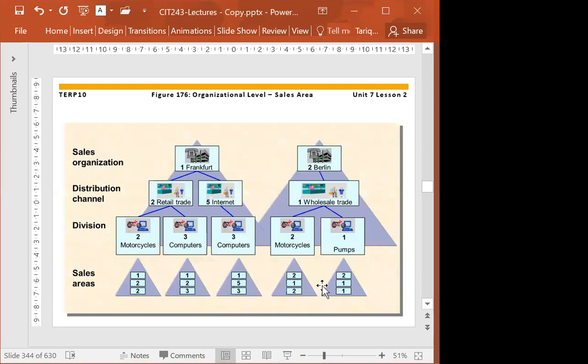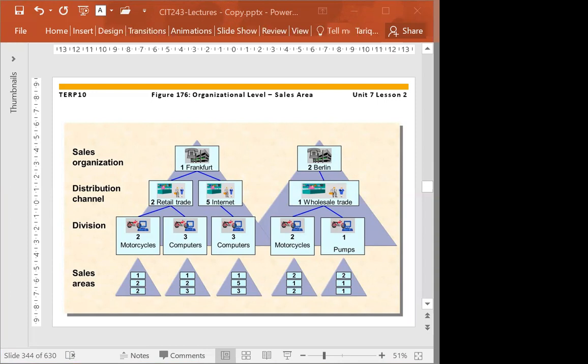Now we come to the sales area. Sales area, as I mentioned before, is nothing but a combination of sales organization, distribution channel, and division.